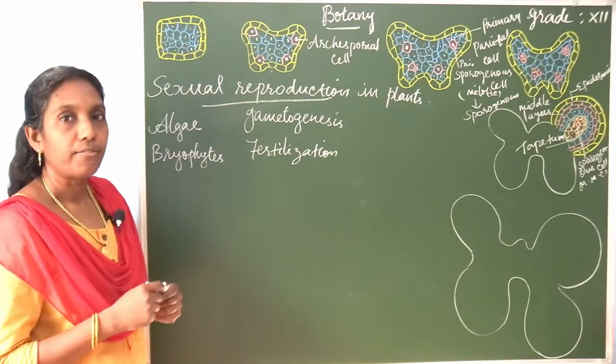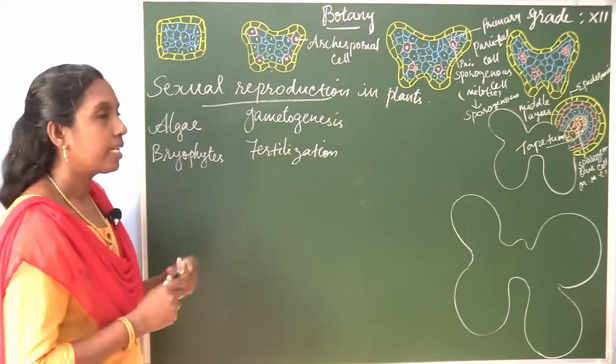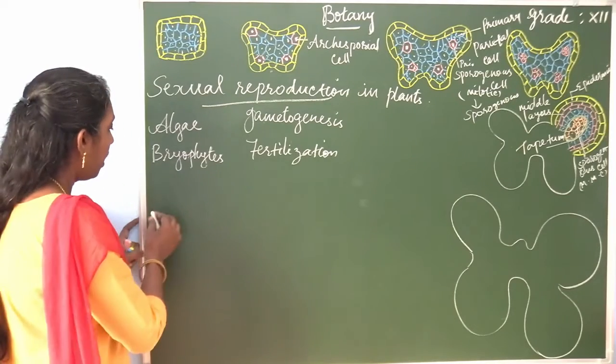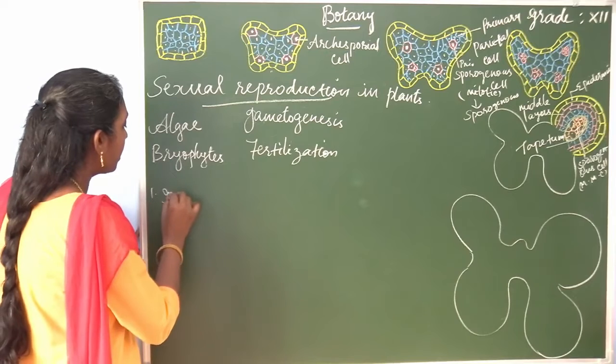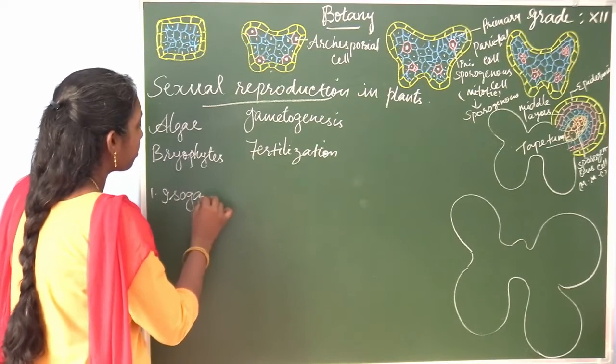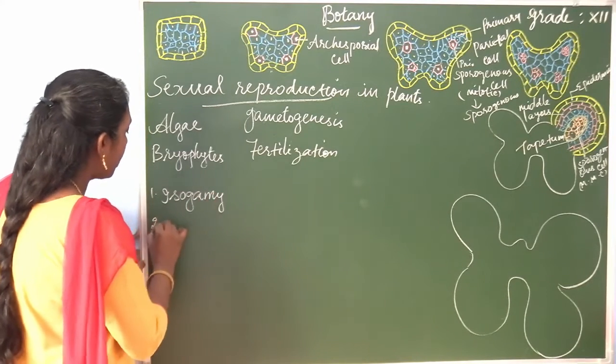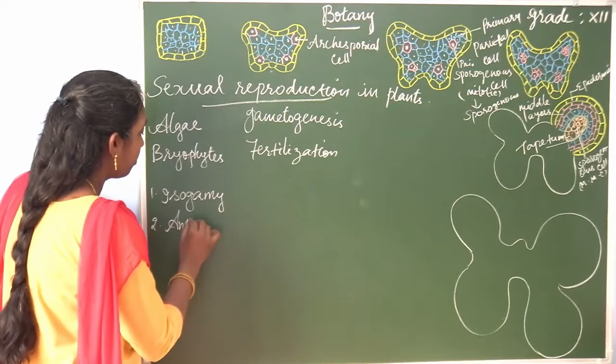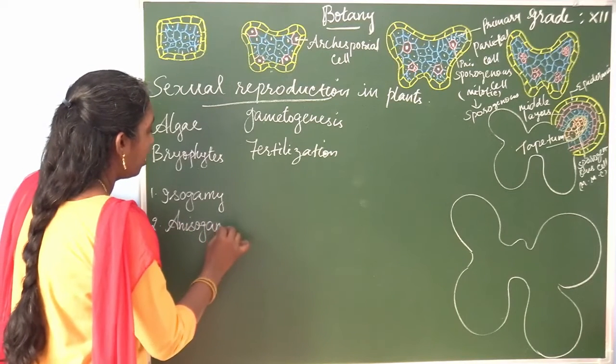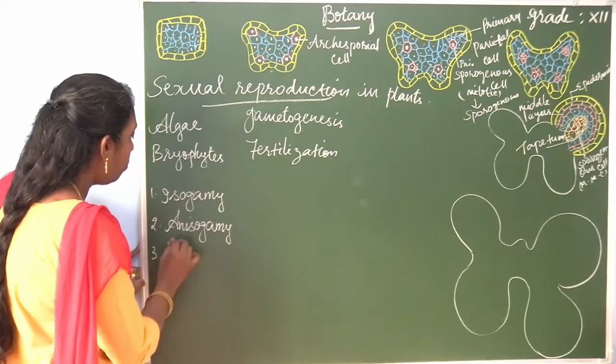There are three different types of gametic fusion named isogamy, anisogamy and oogamy.